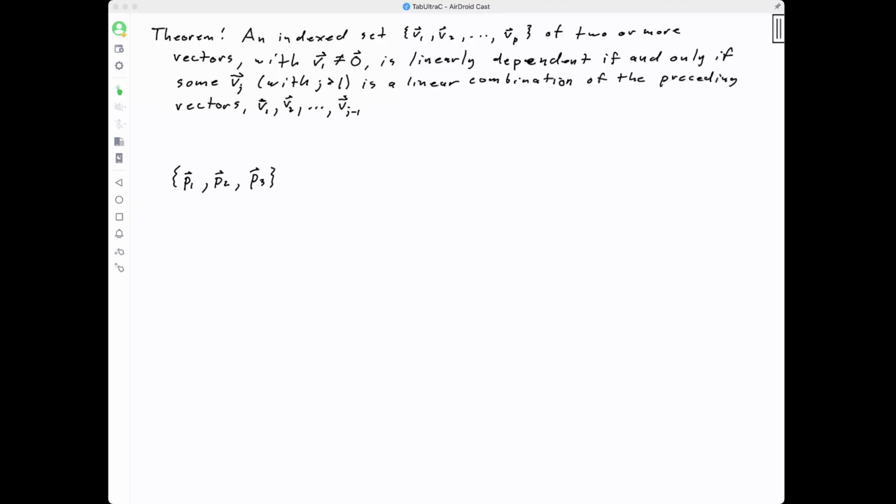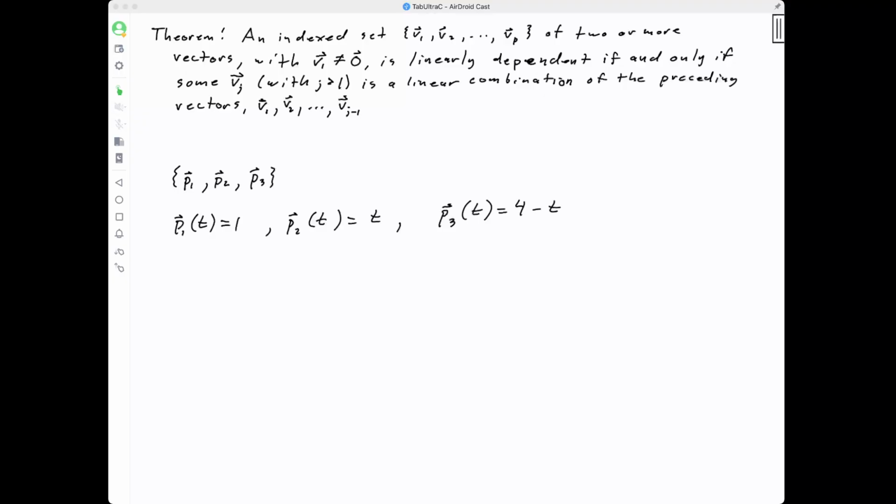And we'll define these vectors where, remember, these are polynomials, so we have to give them a variable. P1 of t is just equal to 1. So no matter what t you plug into P1, it just gives you back 1. P2 of t is just equal to t. And P3 of t is equal to 4 minus t.